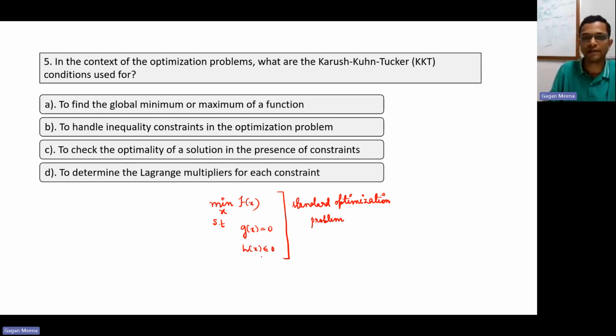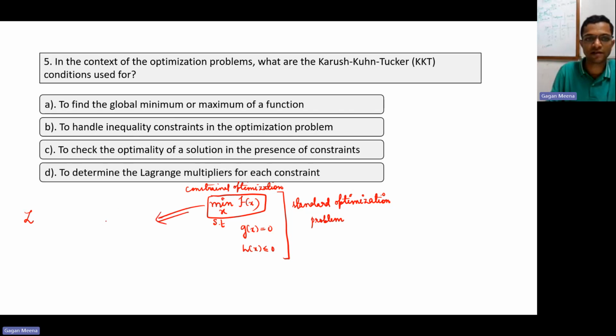We have discussed that this is a constrained optimization problem. And if we remove these two constraints, then it becomes an unconstrained optimization problem.